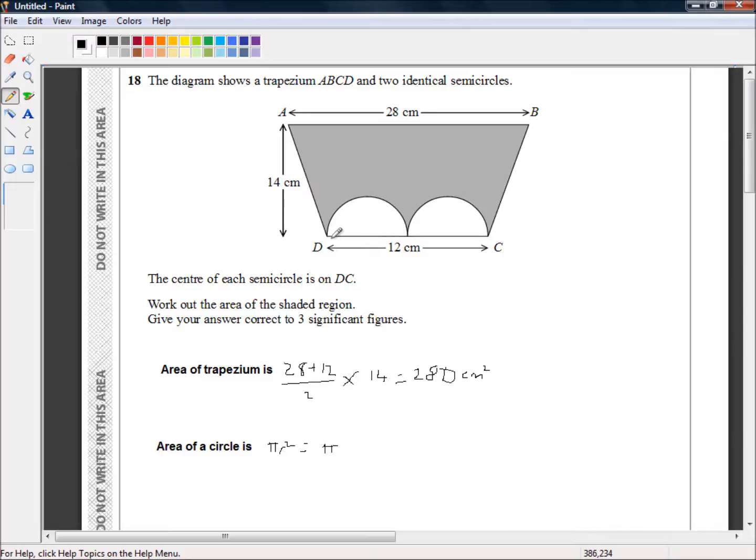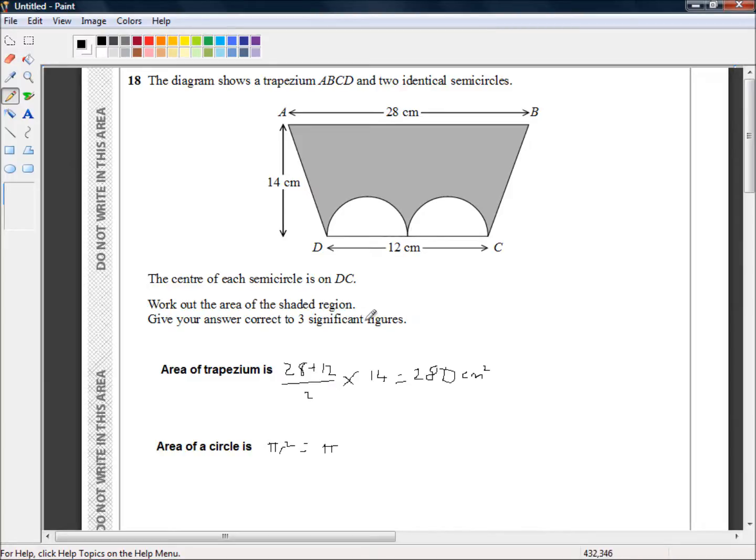So we know that the diameter of one of these semicircles is 6 centimetres, because there's 2 of them and they take up between them the whole length of DC. So the radius is half of the diameter, 6 centimetres divided by 2, which is 3 centimetres.